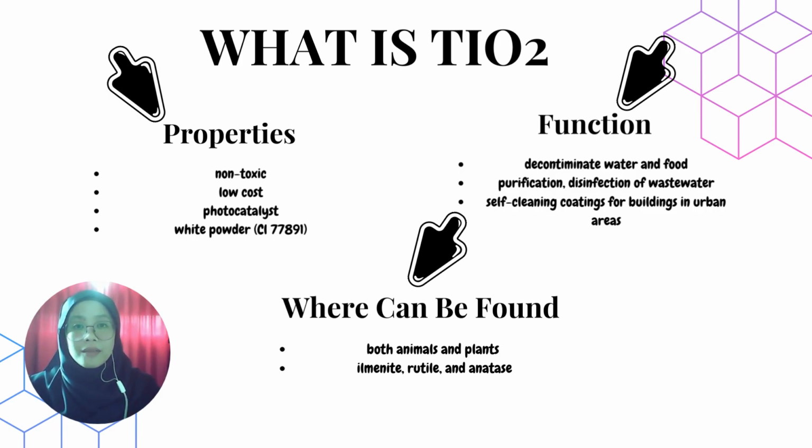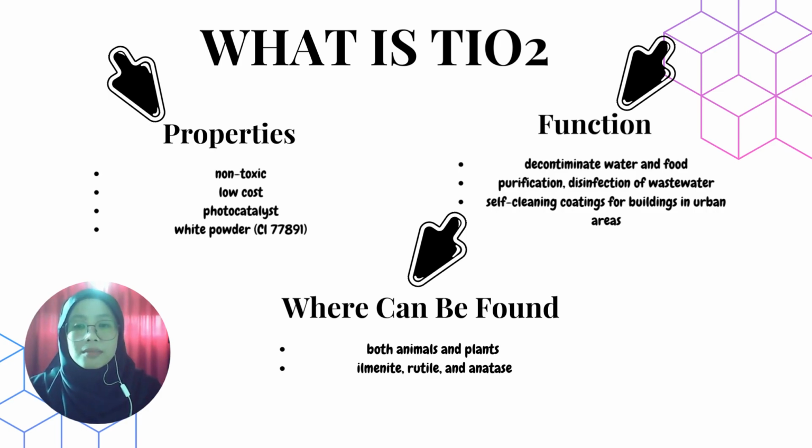Titanium dioxide has a lot of functions, which is to decontaminate water and food, besides ensuring environmental and industrial safety. It is also used for purification and disinfection of wastewater and also self-cleaning coatings for buildings in urban areas.